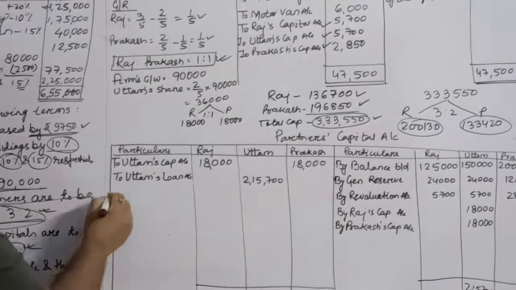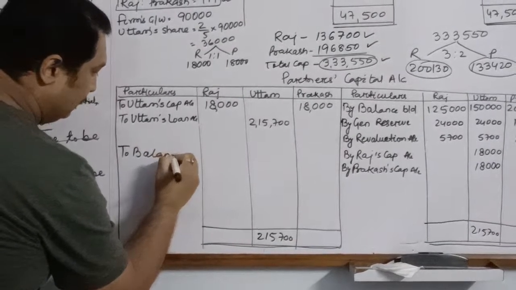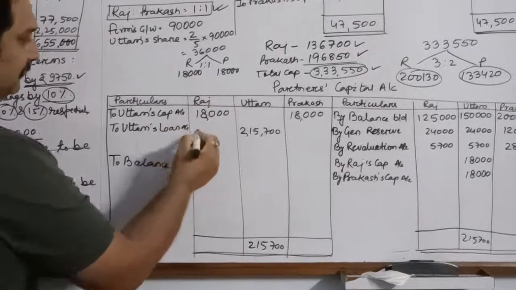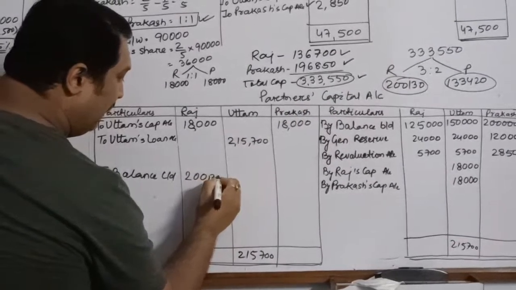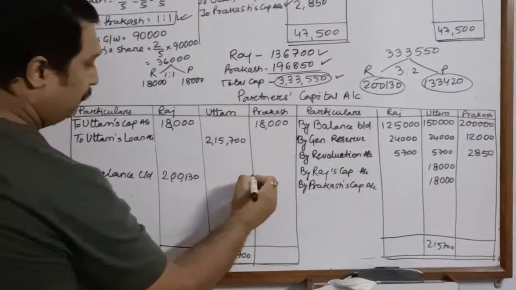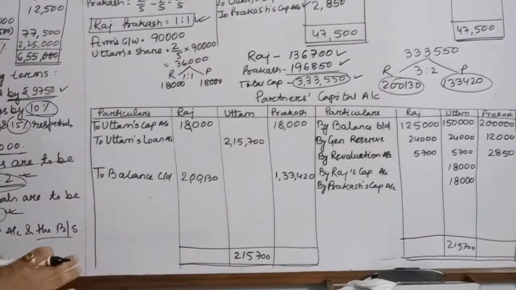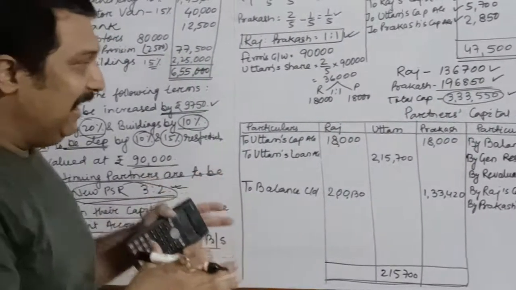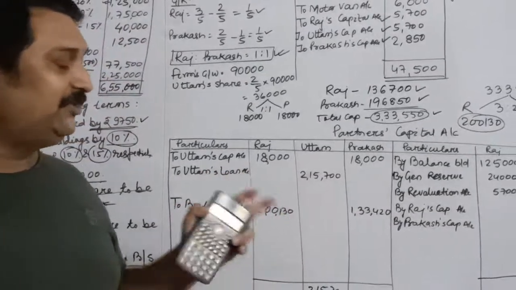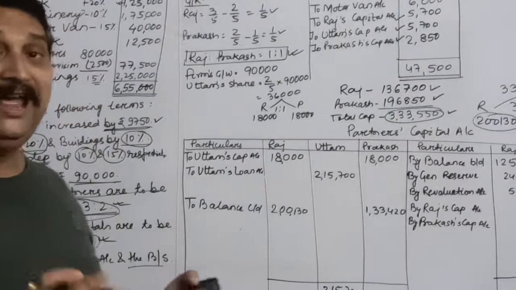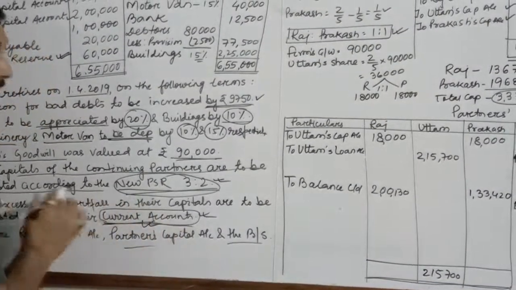So we will leave a line for any adjustment to be made and then we will write balance carried down. Raj is the continuing partner and his capital is 2,00,130, and Prakash's new capital is 1,33,420. Now we will balance the capital accounts of Raj and Prakash, and whichever side the balance comes, we have to adjust it through which account? The question has clearly said we have to use the current account.